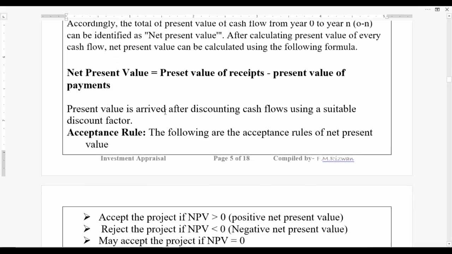Present value is arrived at after discounting cash flows using a suitable discount factor.